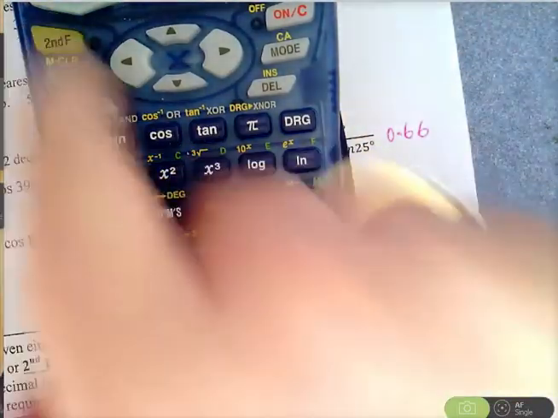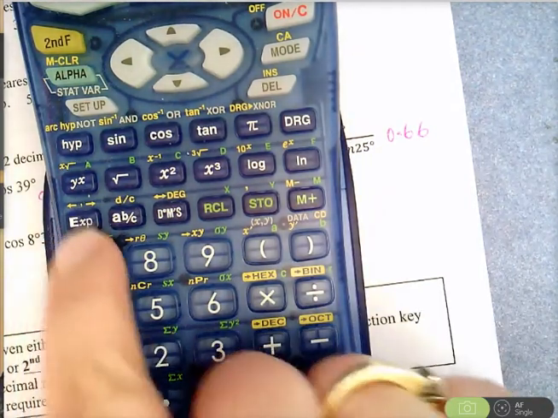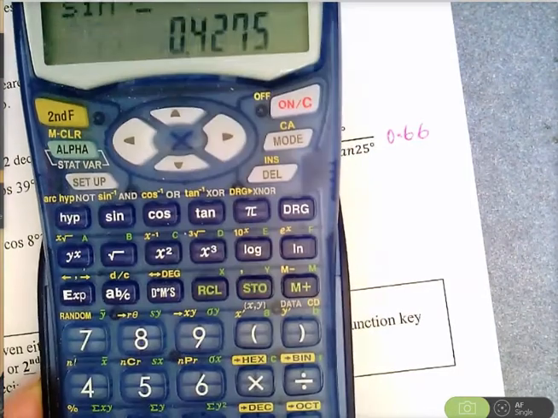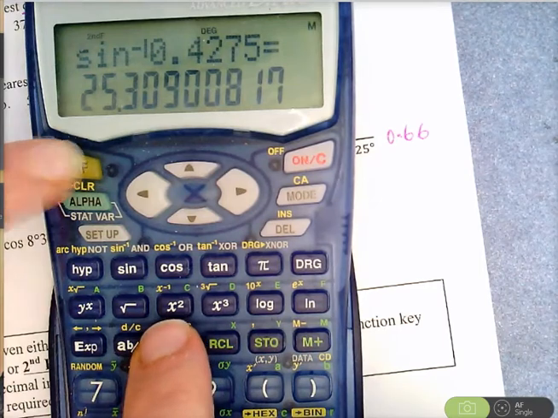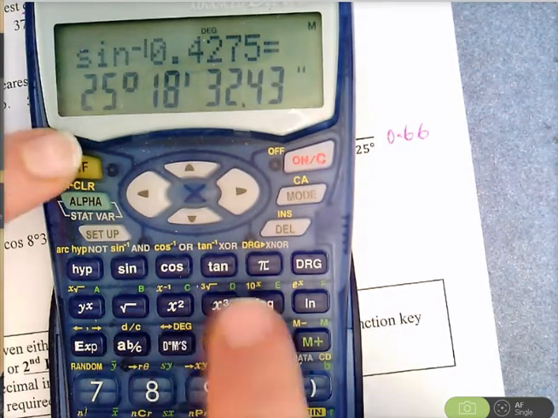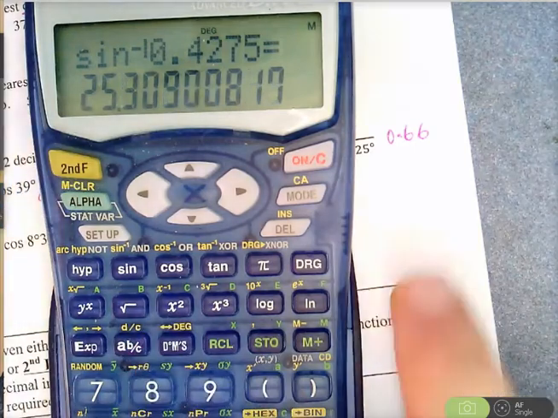So if I was doing shift sine, for example, 0.4275, just like that first question, it would look like this, and I would get that. And then if I want to go to degrees, it's just second function degrees button. Second function degrees button swaps between decimal and the other one.